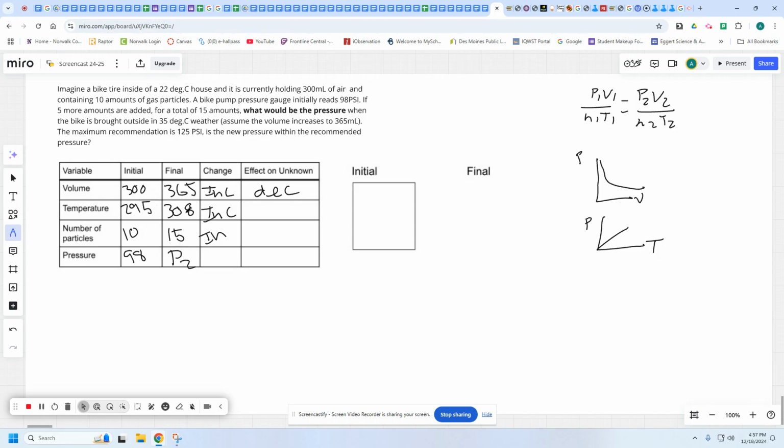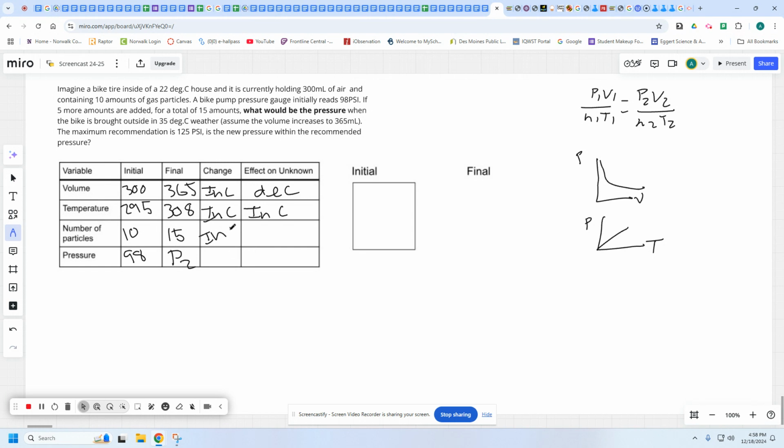Most people would already conceptually say if temperature increases, the particle speed increases, which leads to more vigorous force applied to a surface area, which should lead to an increase in pressure. And if you don't rationalize that out conceptually, you can look at the graph and assume as temperature increases, according to our previous data, the pressure should also increase based on the graph. So I'm going to put an increase here for pressure.